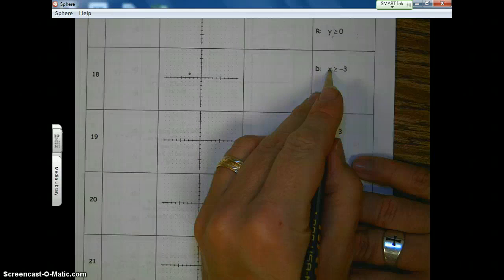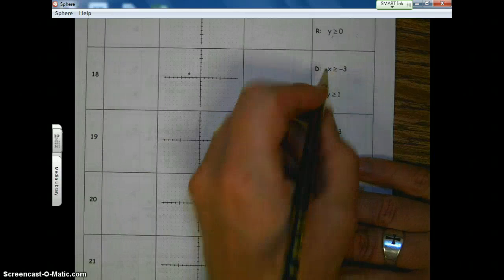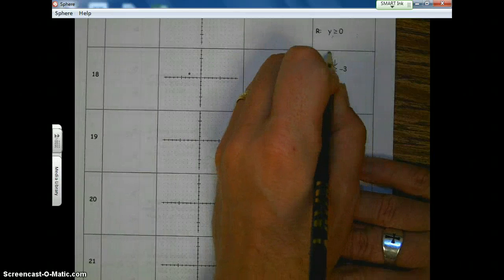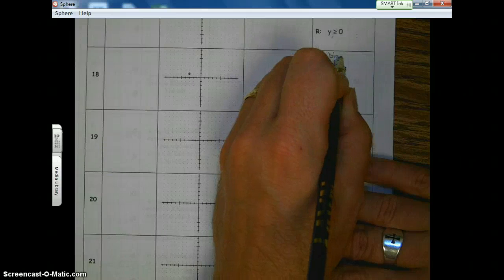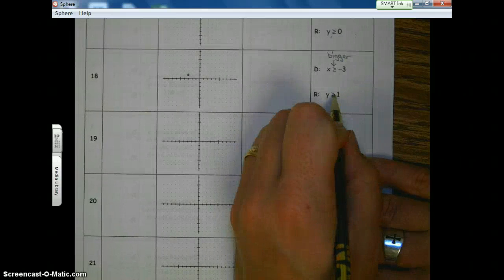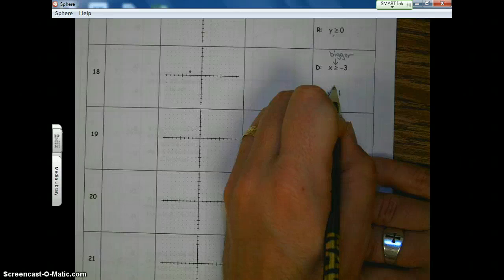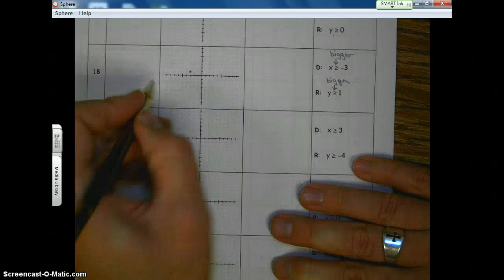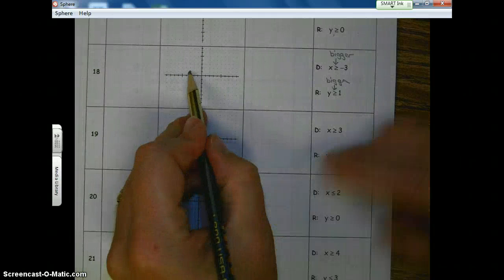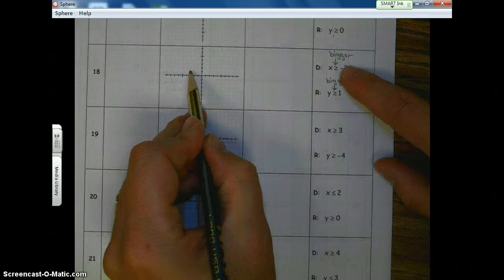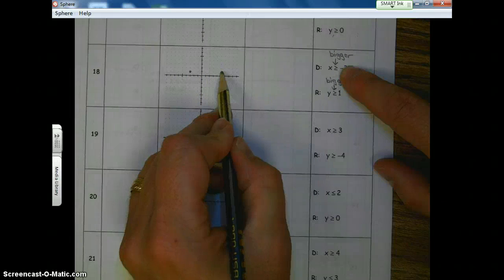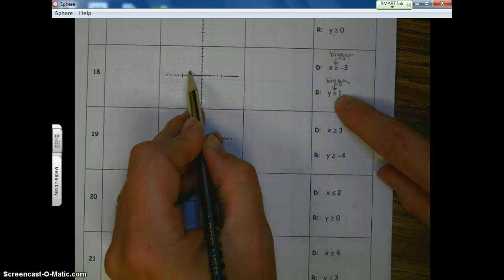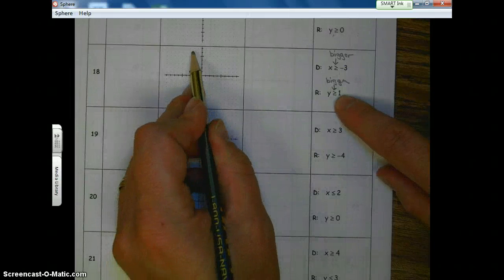Now, it says x is getting bigger. Y is getting bigger. So if x is getting bigger, we're going to be going to the right. If y is getting bigger, we're going to be going up.